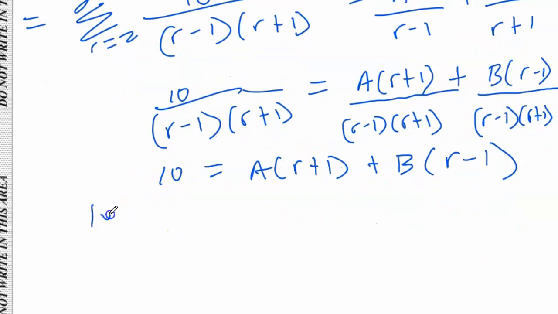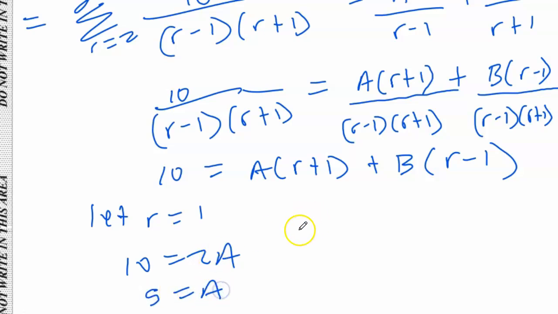And to find the values of a and b, we can let r be equal to 1. If r is equal to 1, what you'll have is 10 equal to 2a. Divide both sides by 2, a is 5. And we can let r be equal to minus 1. If r is minus 1, what we'll have is 10 equal to minus 2b.